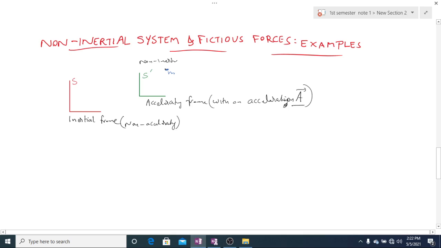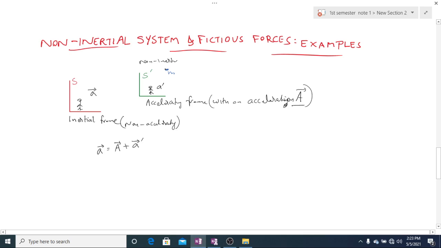Suppose a person in S measures the acceleration of the mass m. Let him measure the acceleration of m as a. And a person in S prime measures the acceleration of m as a prime. Now how do we connect both accelerations? We already said in the last video that both can be connected as a is equal to capital A plus a prime.